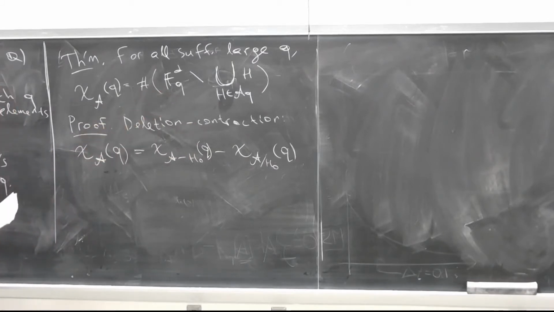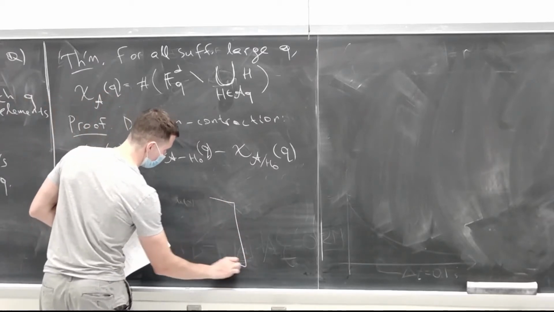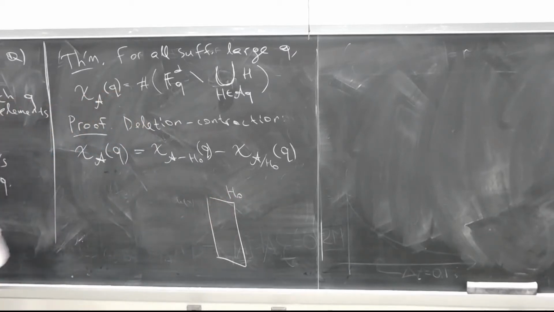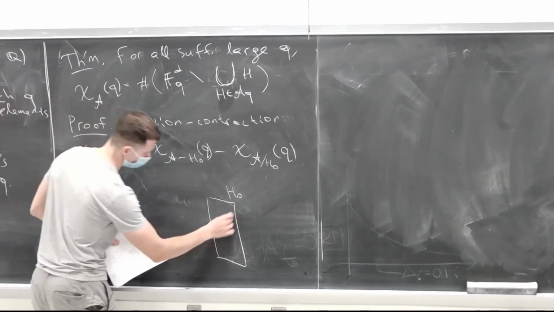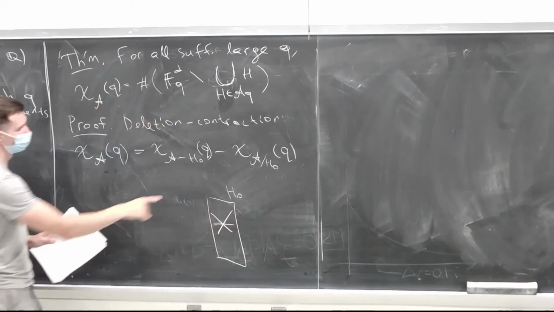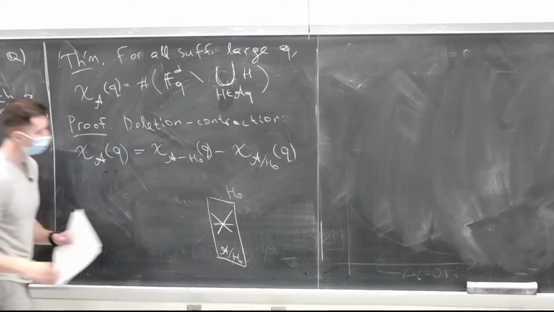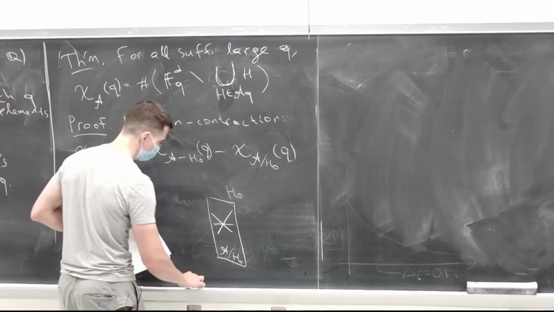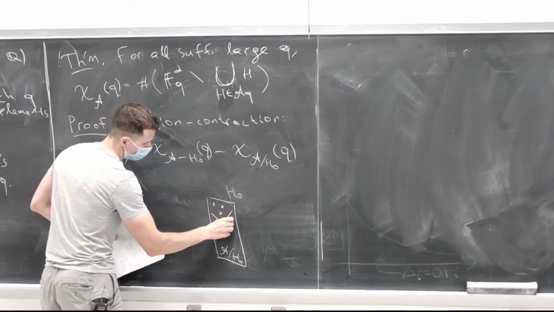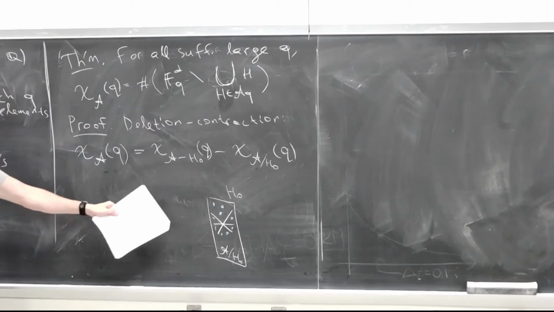Let me try to draw a picture. Here's your hyperplane H0, and inside H0 you have some subarrangement, which is A contracted H0. Then you have all these points. If you just restrict to H0, then you have all these blue points in the complement of your arrangement inside H0.